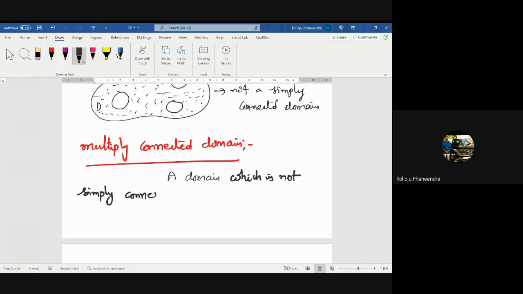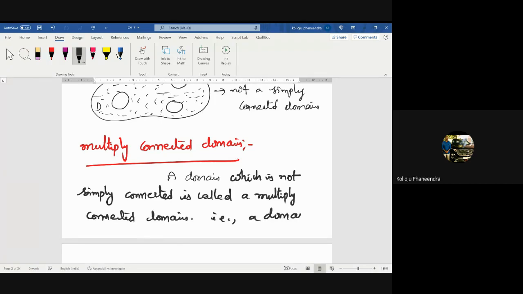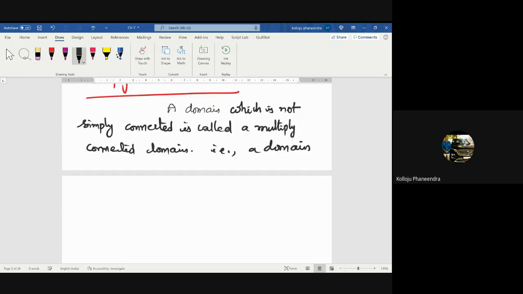A domain which is not simply connected is called a multiply connected region, a multiply connected domain or region. That is a domain having holes or containing holes.